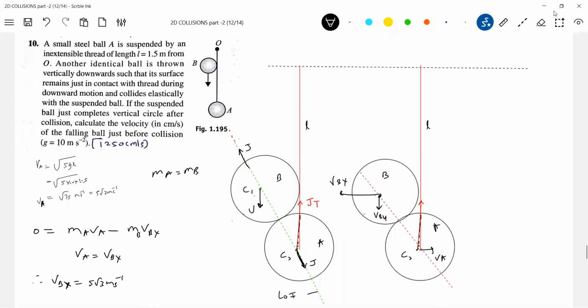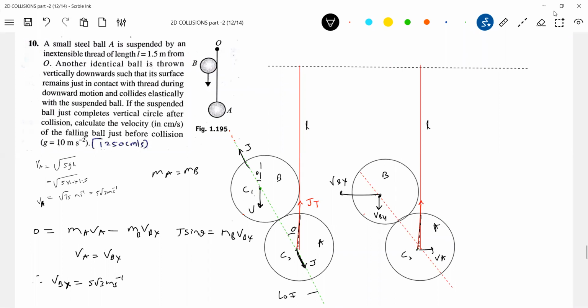So I know VBX. The component of impulse only will produce that particular velocity, no? So here you resolve. When the collision occurs, I think we need this theta. If I know this theta, J sin theta only will impart that. J sin theta should be equal to MB VBX.